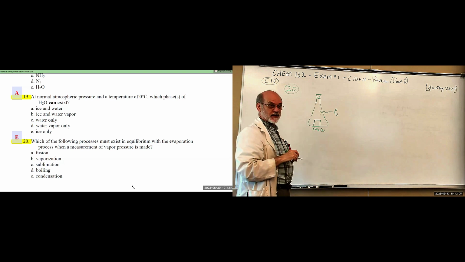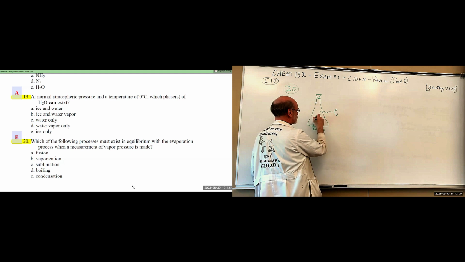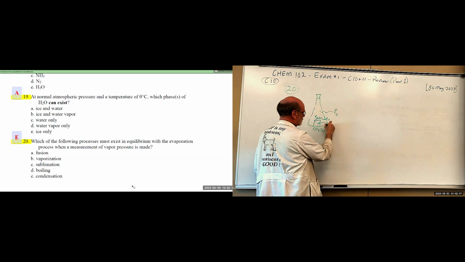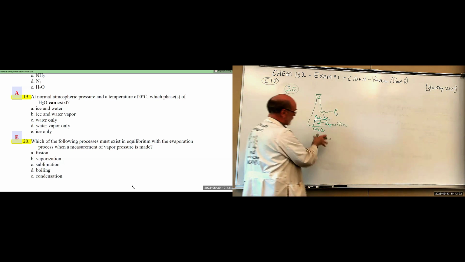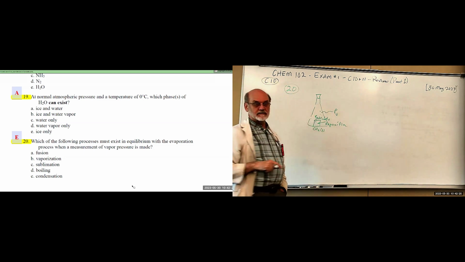What's it going to do at room temperature? It's going to vaporize, right? It's going to sublimate. Well, what's the returning process? Deposition. So if those two are in equilibrium, then we get a vapor pressure.